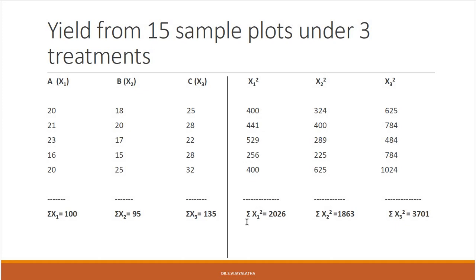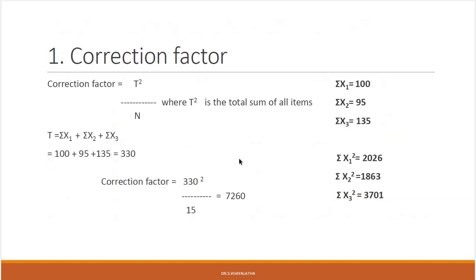If you add all this, you get sigma x1 square, which is 2026. Similarly, we have to do for x2, square all the terms and then find out the sum. And similarly, we have to do for x3, square all the terms and then find out the total. So we have got all these terms. This we will be employing in the upcoming steps.